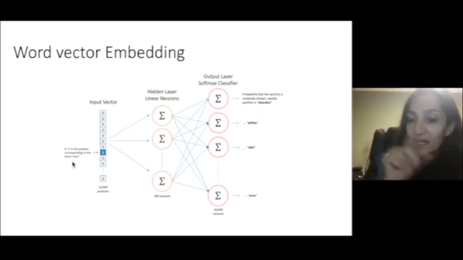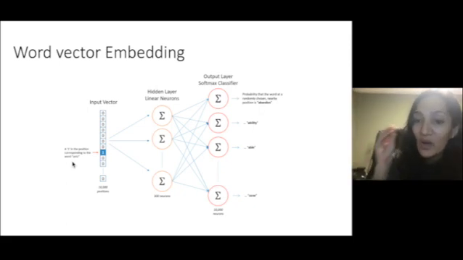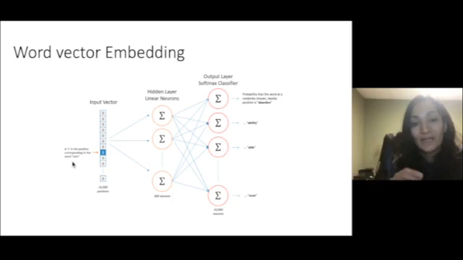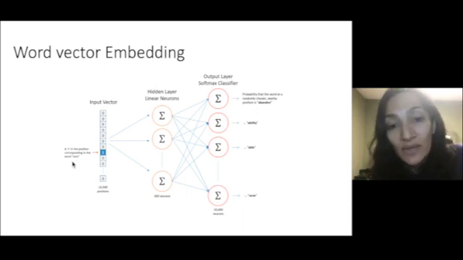And so ants, bugs, and worms would be encoded nearby because they all have crawling and creeping and these kinds of words next to them. But you would not have crawling embedded near ants because crawling doesn't have the same words that co-occur with it as ants do.